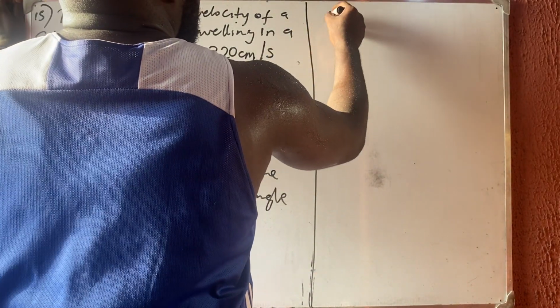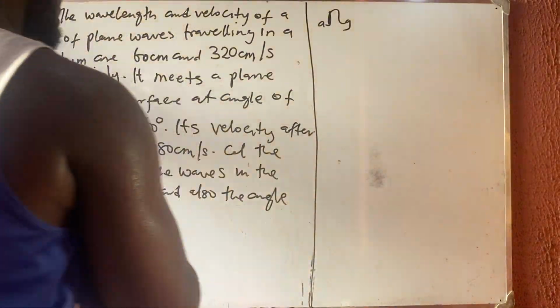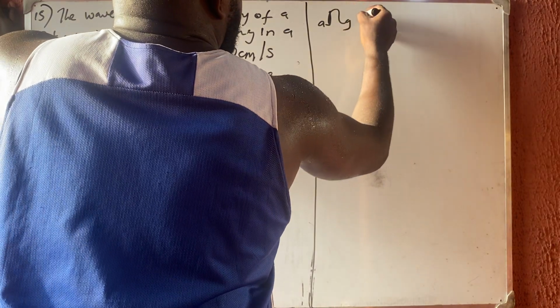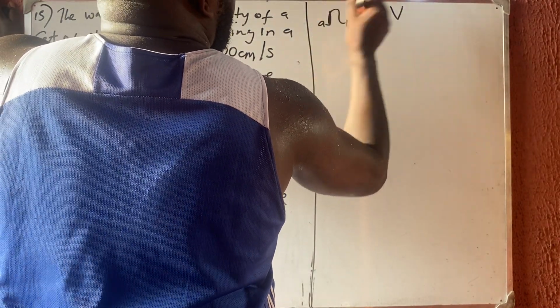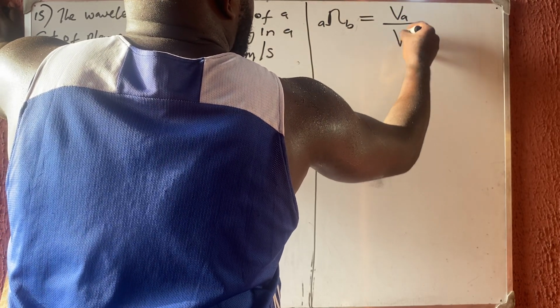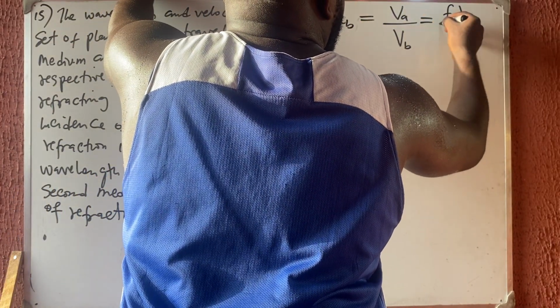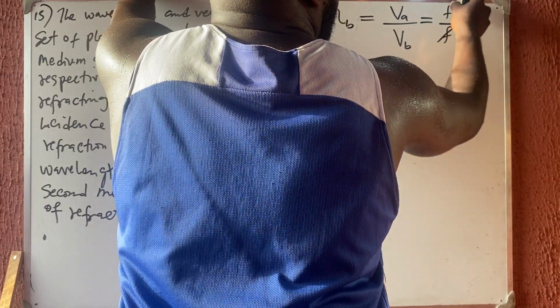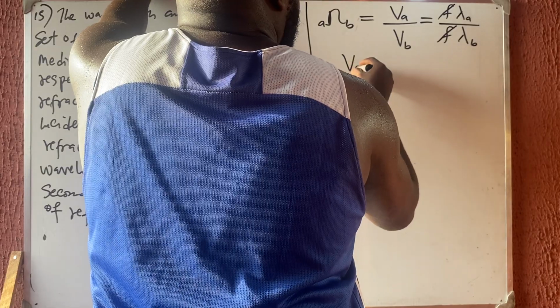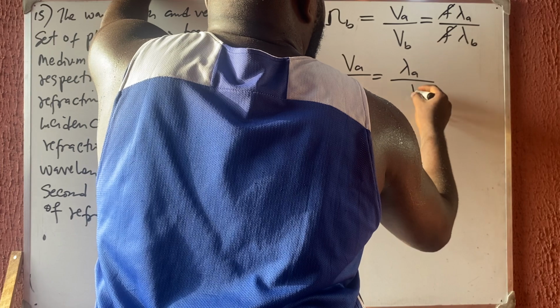For two different mediums, A and B, the refractive index is equal to the velocity in A over the velocity in B. Velocity is f lambda, so f lambda of A over f lambda of B. The f are always the same, so they cancel out, and it gives me a formula that says the ratio is equal to lambda of A over lambda of B.